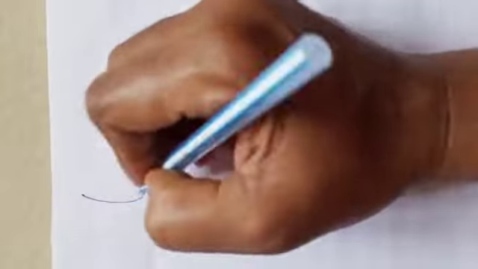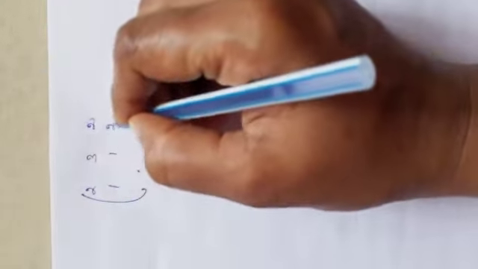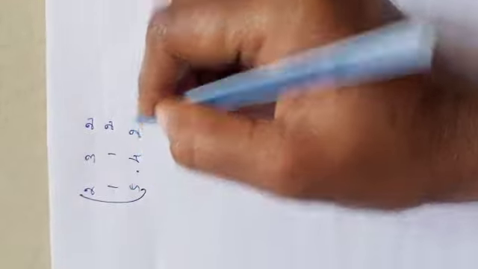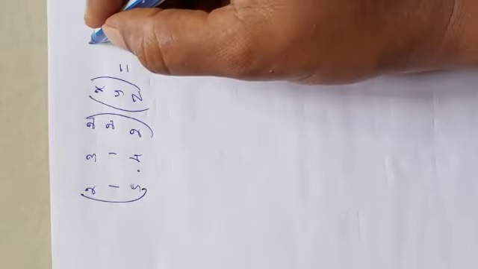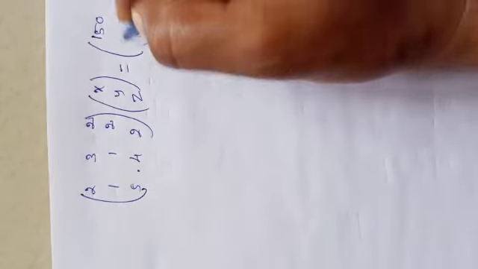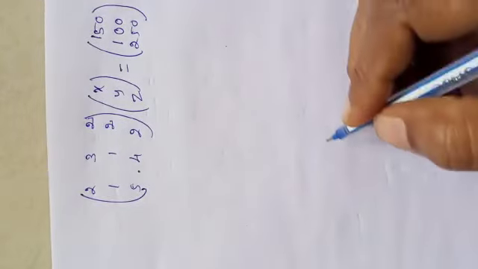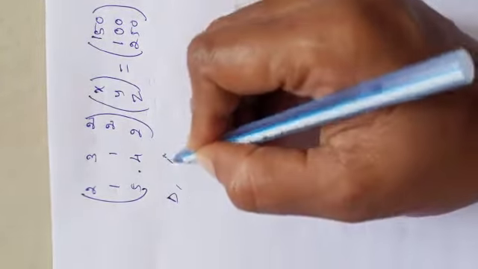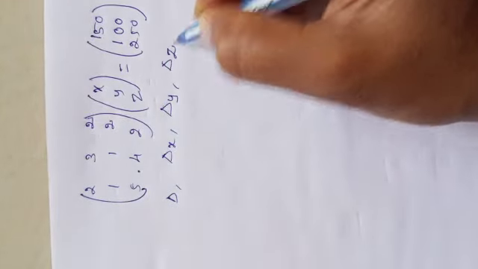5x plus 4y plus 2z equal to 250. Write in the matrix form. So we may get 2, 3, 2, 1, 1, 2, 5, 4, 2 into x, y, z is equal to the constant values 150, 100, 250. Then you can find out delta, delta x, delta y, delta z.